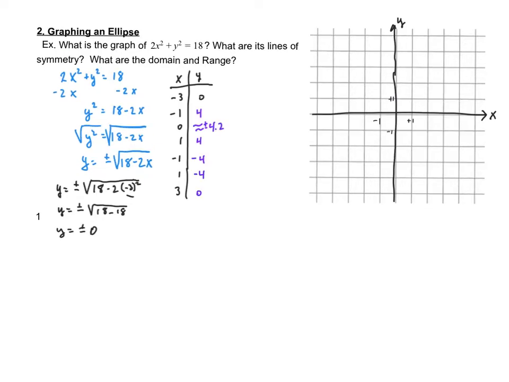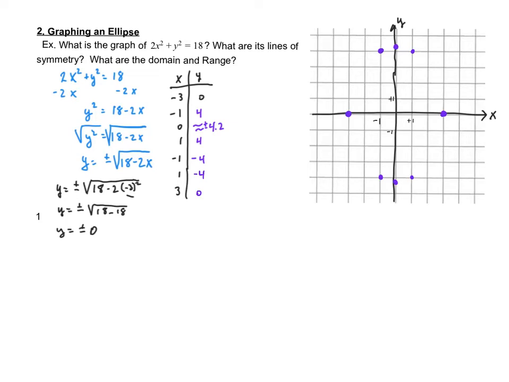Okay, and graphing those points, x is -3, y is 0, and we have -1 and 4, and -1 and -4. We're going to have 0 and -4.2, and we're going to have 0 and +4.2. We are going to have 1 and 4, and 1 and -4, and then, of course, 3 and 0.